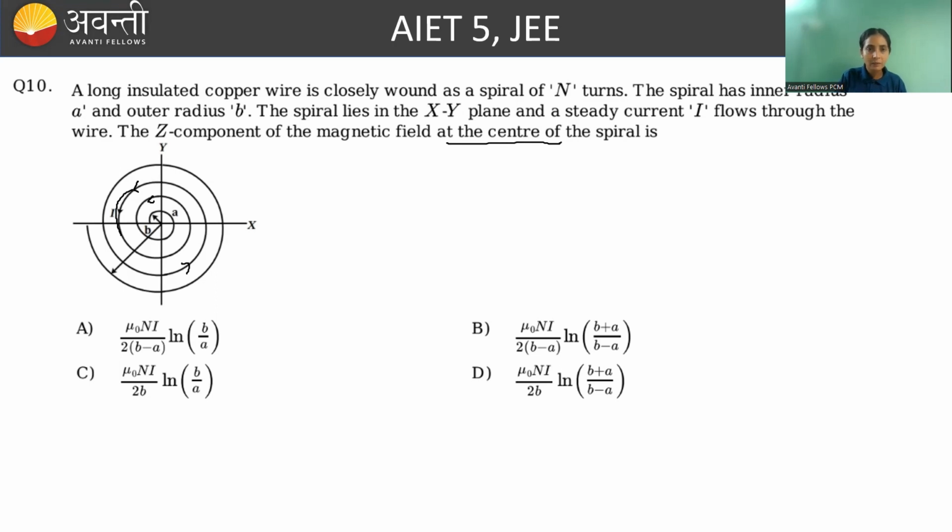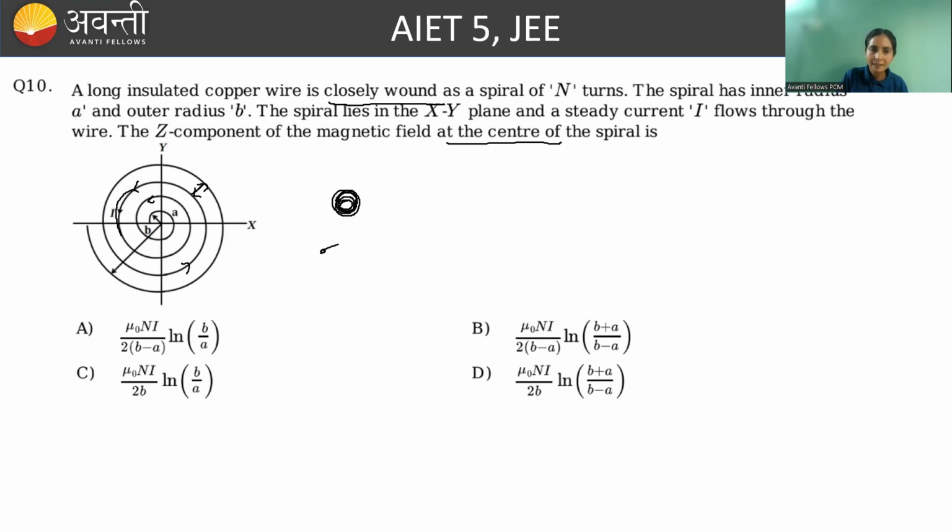See carefully, what will this spiral look like? You can see in the diagram there is space between two coils, but in reality there won't be, because in the question it is written the wire is closely wound. It means we are forming a spiral like this.